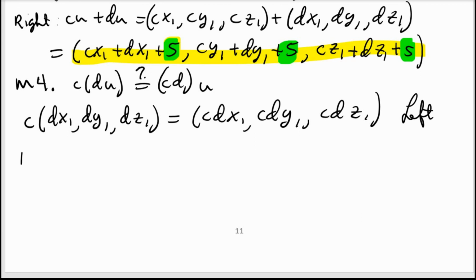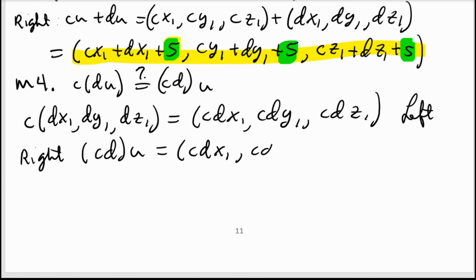So this is for the left, and then for the right, cd times u. So this is cd times x sub 1, comma, cd times y sub 1, comma, cd times z sub 1. So this one holds. M4.